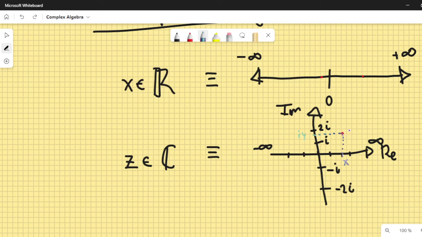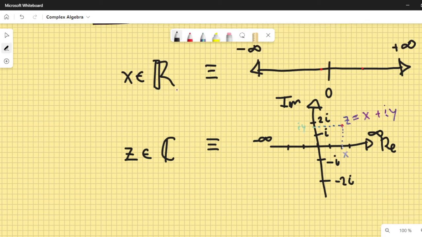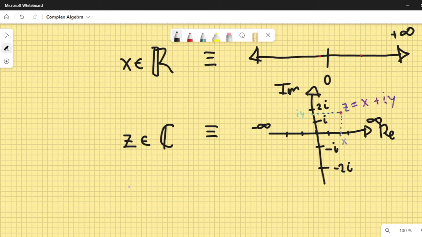So this is the number c, and as you can see, it's equal to the real part, which is x, and also it has the pure imaginary part, i y. So any number which is a complex number can be written in the form x plus i y.